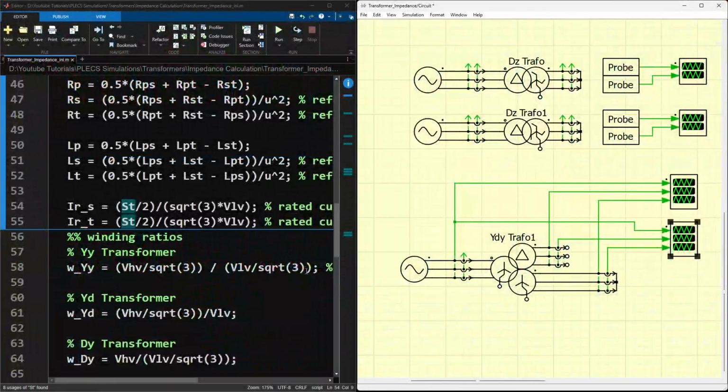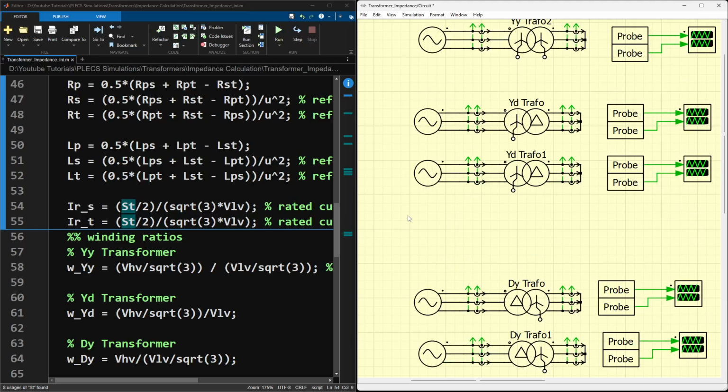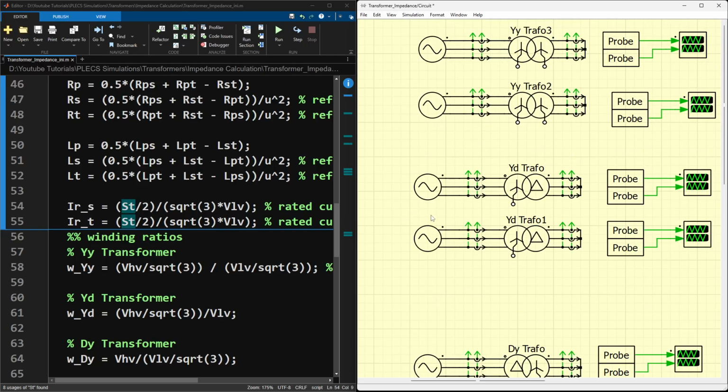Now why it is so important here: we will see in our coming videos that in the design of real-world converter systems, the calculation of the transformers as shown here is extremely important, because the performance of the power electronic converters is hugely dependent on the upstream inductance, mostly coming from transformers or chokes.